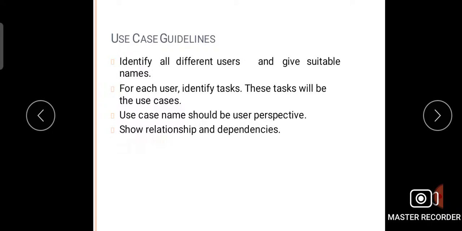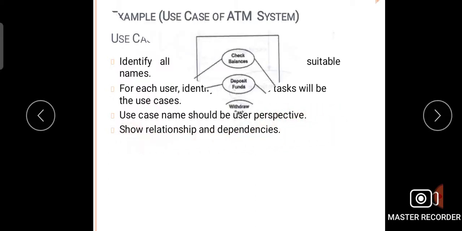Normally, this is the use case guideline. Identify all the different users and give suitable names for each user. Identify tasks, and these tasks will be the use cases. The use case name should be from the user's perspective and show the relationship and dependency.